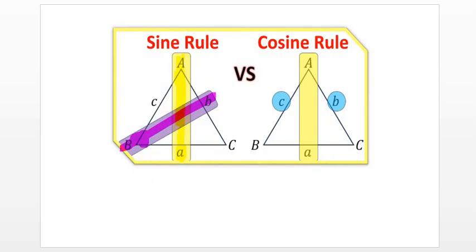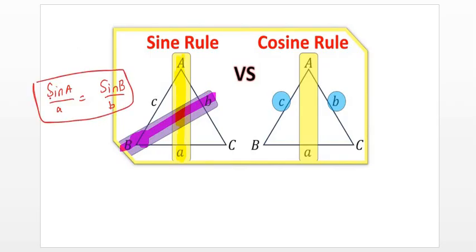Clear? And we make the formula, for example, sine A over a equals sine B over b. That means you need both pairs. Maybe one of them will be missing, maybe an angle will be missing, but we look for the pair of the angle with the opposite side.